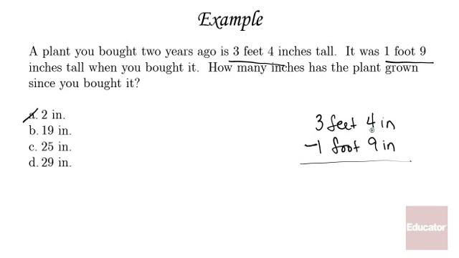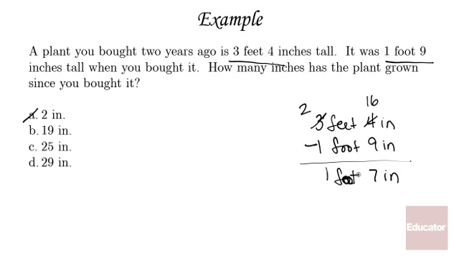When you borrow a foot, you're borrowing 12 inches, not 10. So this becomes 2 feet plus the 12 inches, because there's 12 inches in a foot. So 4 plus 12 is 16. 16 minus 9 is 7, and 2 minus 1 is 1. So it's grown 1 foot and 7 inches.